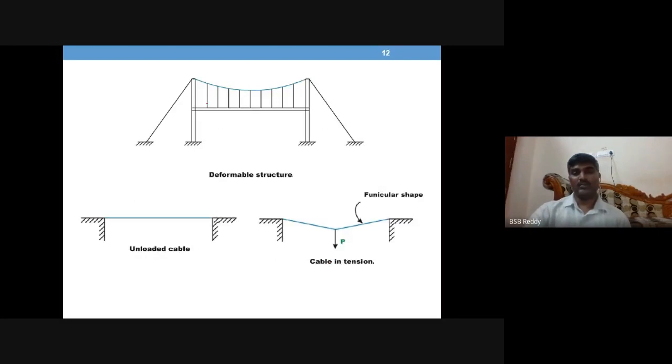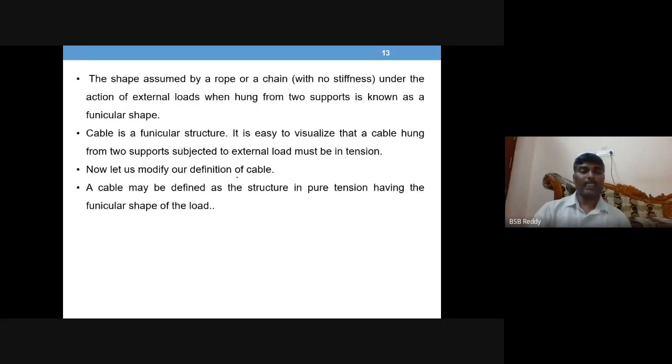This is a typical cable stayed bridge, where an unloaded cable, if you load it, is going to take this shape. The shape is called funicular shape. The shape assumed by a rope or a chain under the action of external load when hung from two supports is known as funicular shape. So cable is a funicular structure, meaning if you load it, it will change its shape and settle to a particular shape.